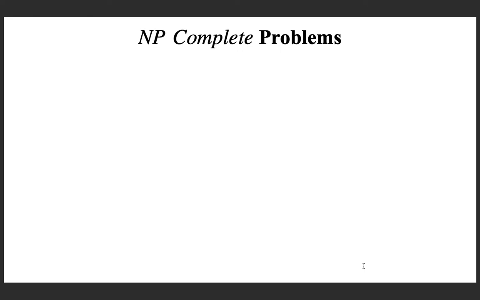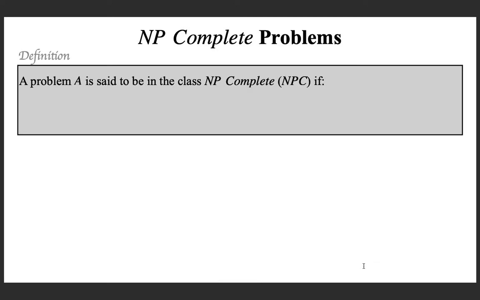Now we have enough information to define the class NP complete. I am giving you the definition directly. A problem A is said to be in the class NP complete if A is in the class NP. Okay, it is an NP class problem. Also, if you look at any other problem in the class NP, you can reduce that problem in polynomial time to A. That means any other NP problem can be reduced in polynomial time to an NP complete problem.